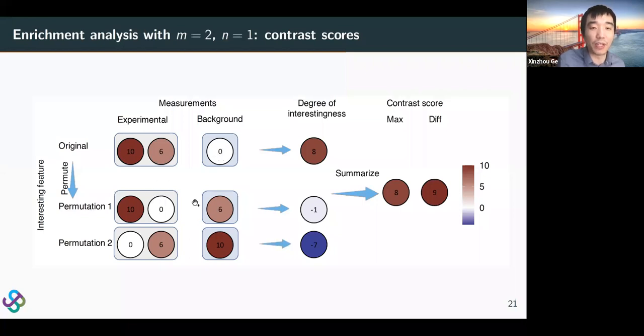However, after the permutation, this has changed. For example, in the first permutation, the average value of the experimental condition is not so different from the background condition. So by doing the permutation, we want to change the relationship between the experimental condition and the background condition, but still keep the values.